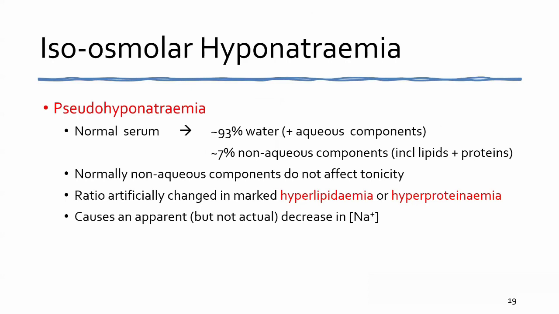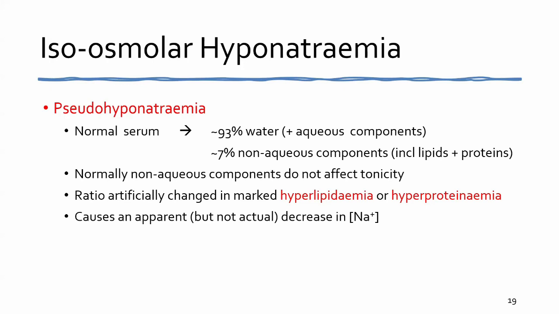All right, so as I said, this is a pseudo hyponatremia, and essentially it's caused from a changed ratio from other osmotically active particles or substances. So in normal serum, about 93% of the serum is made up of water and the aqueous components dissolved in the water, and 7% from non-aqueous components like lipids and proteins.